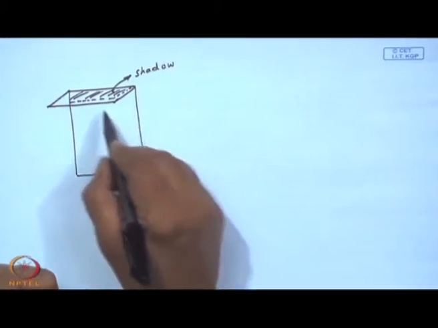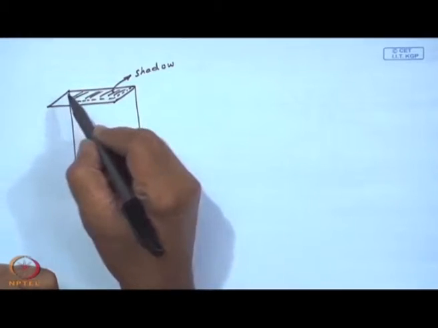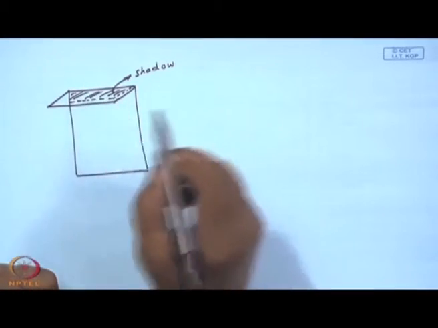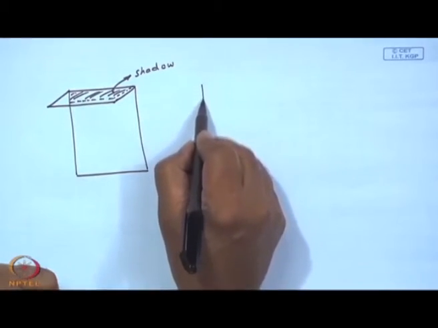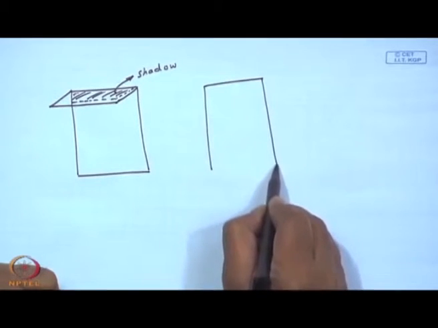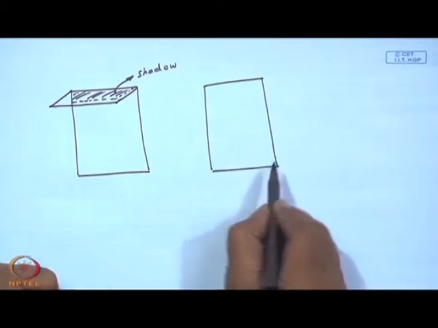Right. So, if I want to make it clear to you, I will not show the overhang, but I will show the different types of shadows that it can make.